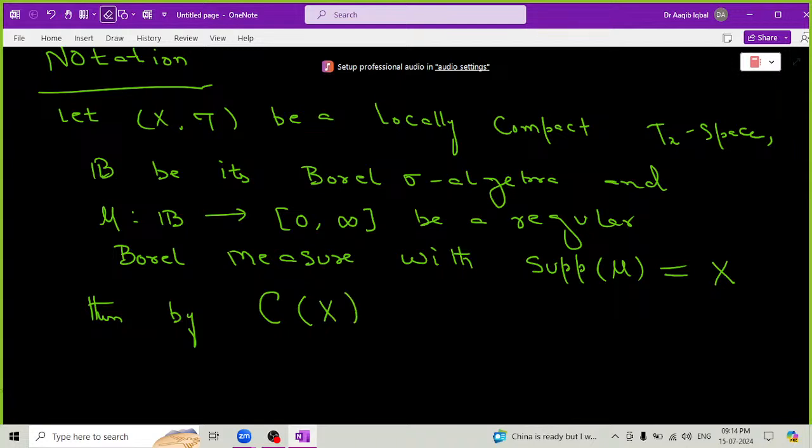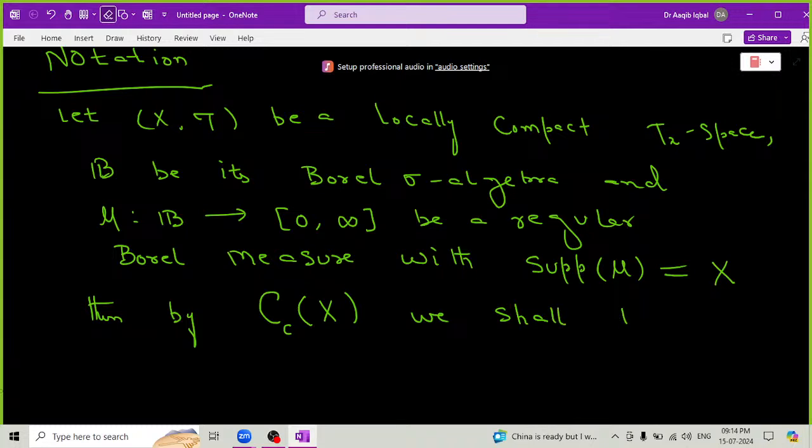actually we use this symbol c sub c. c और सबस्क्रिप्ट में छोटा सा c, यही हम करेंगे. This is the standard symbol c sub c of x. ये ध्यान से देखिएगा कि इससे हम किस चीज़ को डिनोट कर रहे हैं.